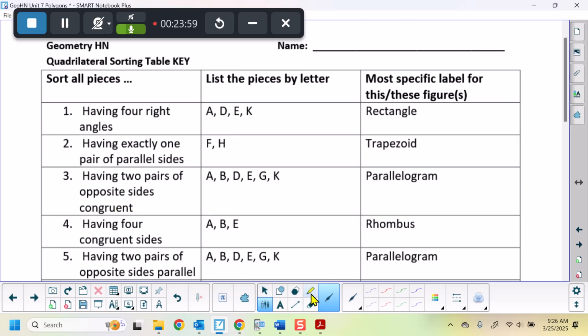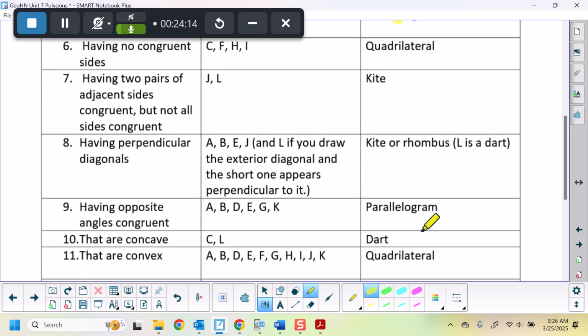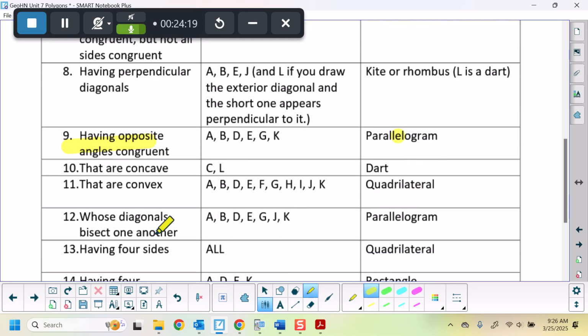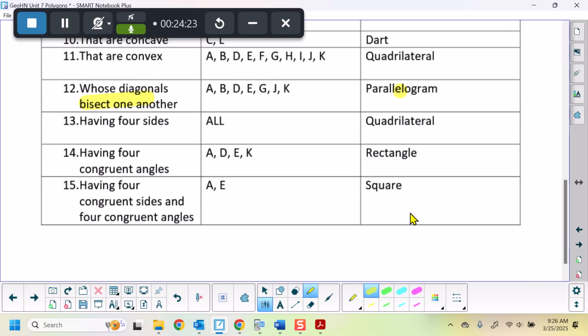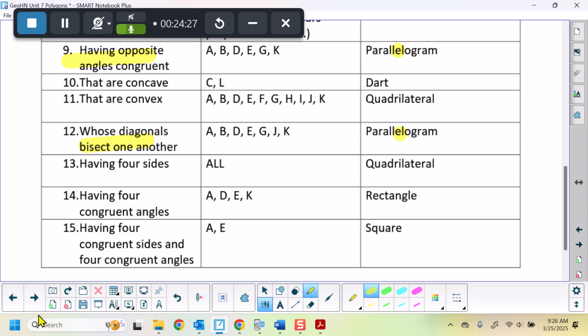The ones that I want to make sure that we point out: this is already a conversation about one of our 6 things we memorized about parallelograms, as is number 5, as is number 9, as is number 12, as far as when we're looking at those features of a parallelogram.